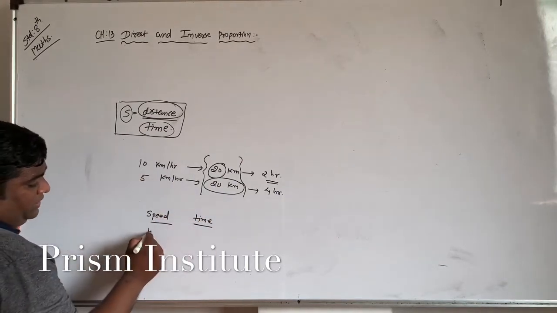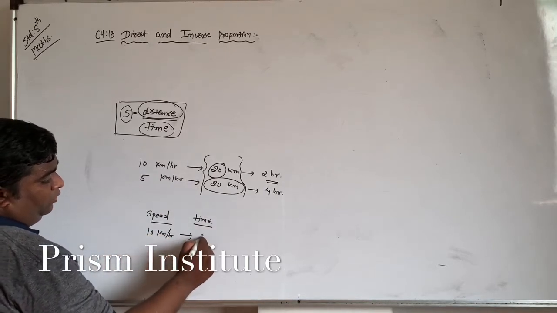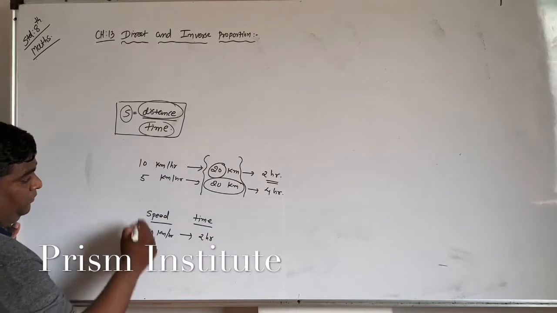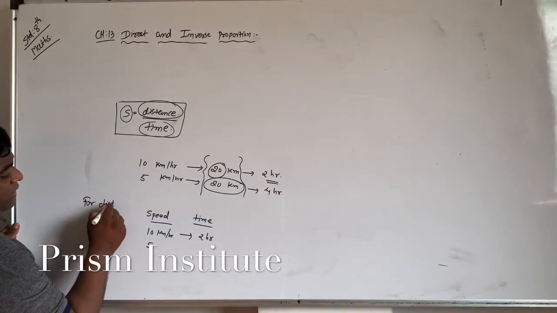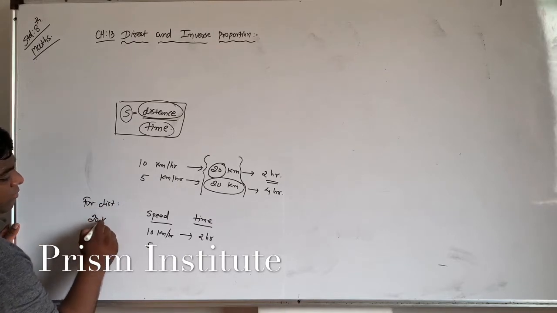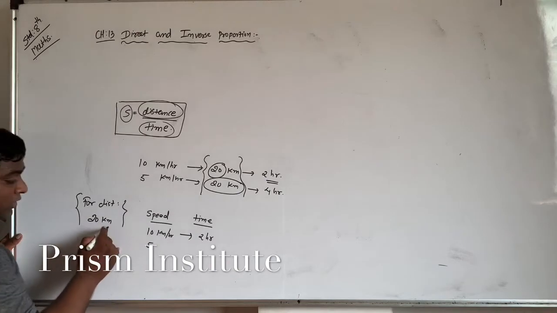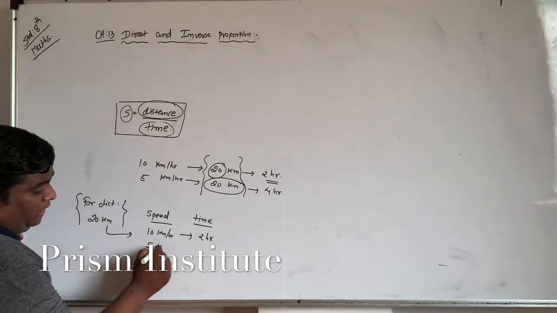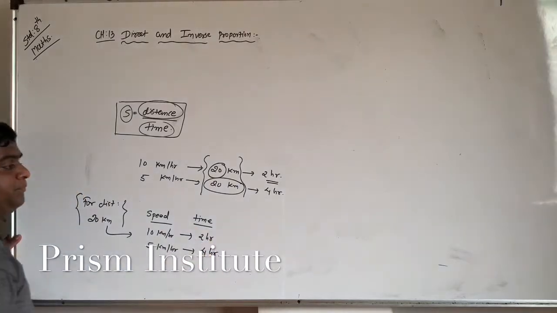If speed is 10 km per hour, you take 2 hours. For the distance, write 20 km. This quantity remains the same. So for 5 km per hour, you will take 4 hours.